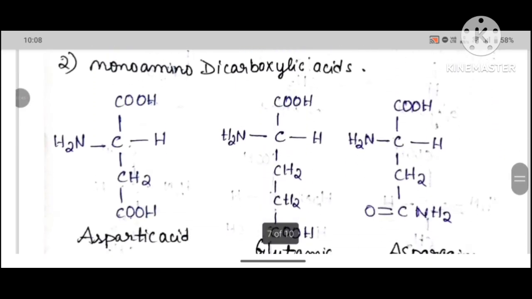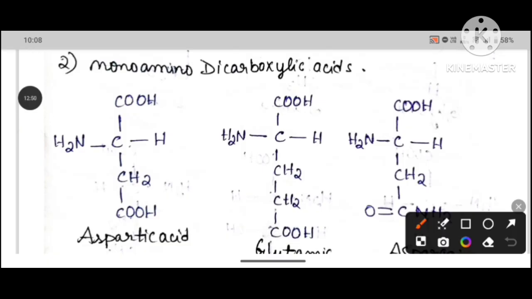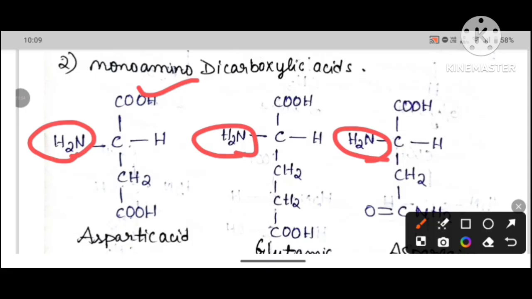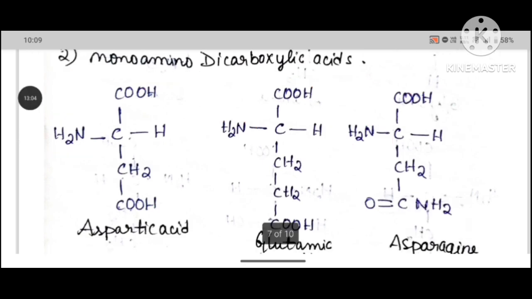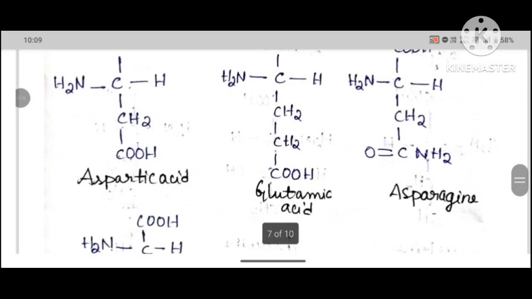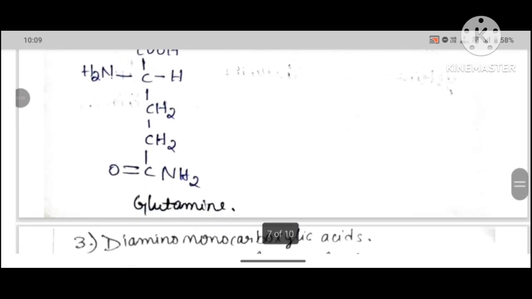Here comes the monoamino dicarboxylic acid, having a single amino group and two carboxylic groups. This kind of amino acid is known as monoamino dicarboxylic acids. The examples will be aspartic acid, glutamic acid, asparagine, and glutamine.